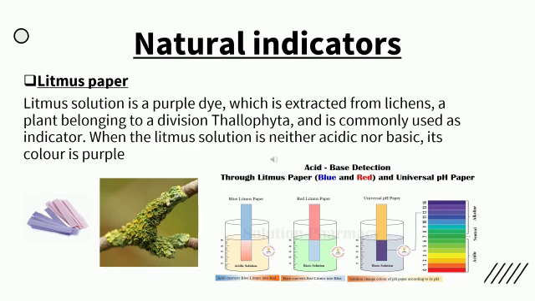And how do they convert this litmus solution into litmus paper? Because we can't always use litmus solution, isn't it? For our benefit, for our easy way to use, we make it as a litmus paper. This litmus paper is usually purple in color.